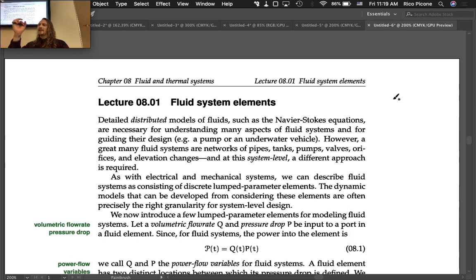Tracking where every small volume of fluid goes is what a finite element model would do, which is based on the complex Navier-Stokes model. So there's a place for those.